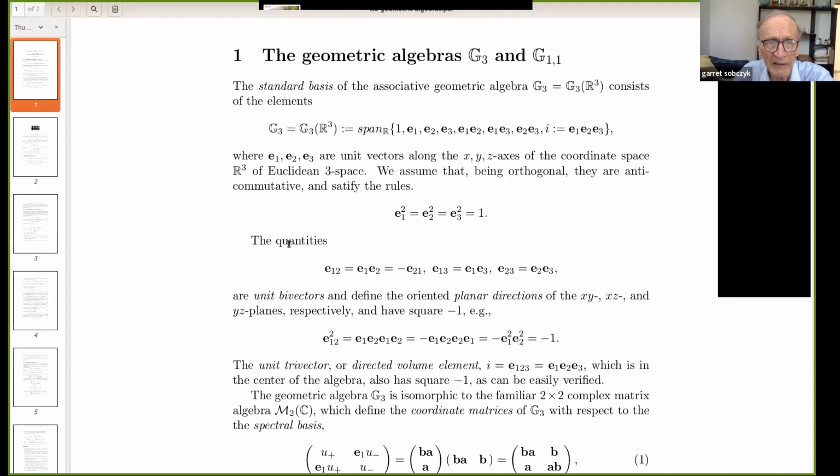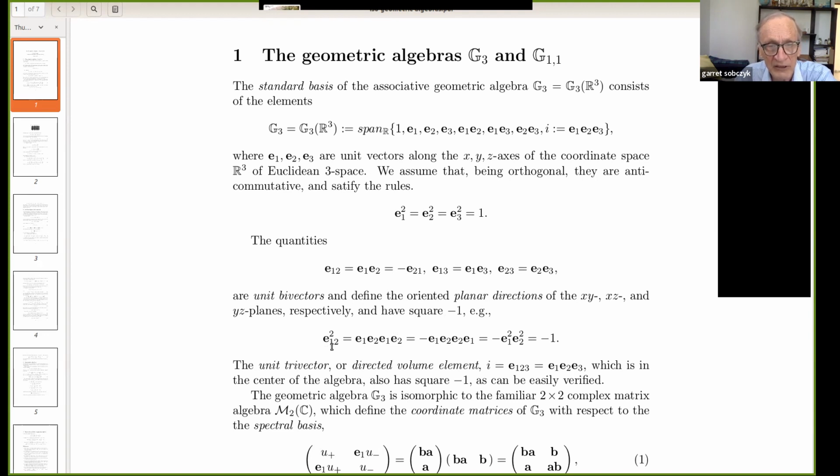So here we have it. The quantity E12 is just the product of E1 and E2, anti-commutative for E13 and E23. Unit bivectors, you can think about that as being along the XY, XZ, and YZ planes, and Euclidean bivectors have square -1, as we see in this line right here.